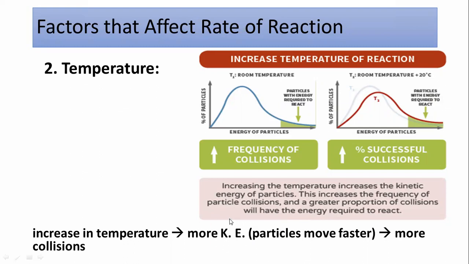So what does it mean? More kinetic energy. That means the particles are moving faster and they will have more collisions, and that's why the rate of reaction would be faster. So our conclusion over here is that by increasing the temperature, you can increase the rate of the reaction, and the reason has been described over here.